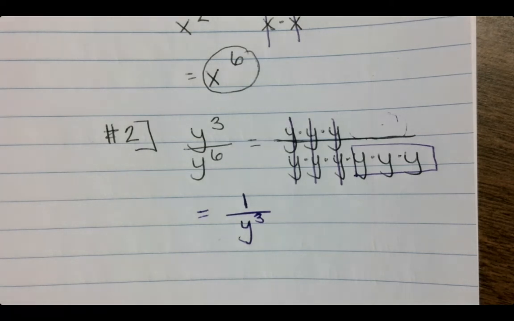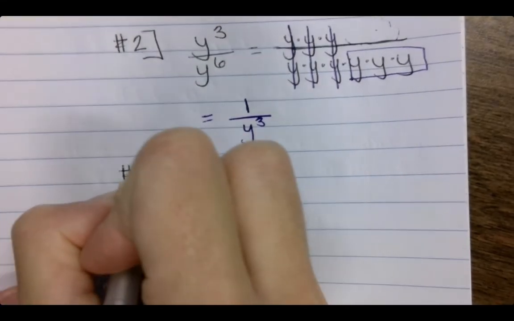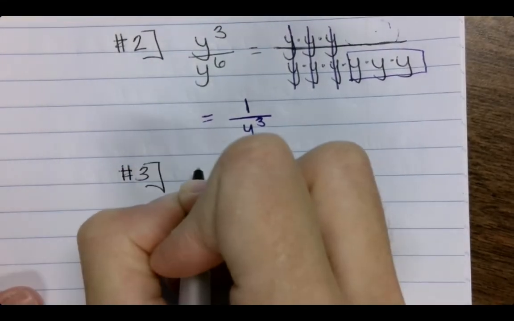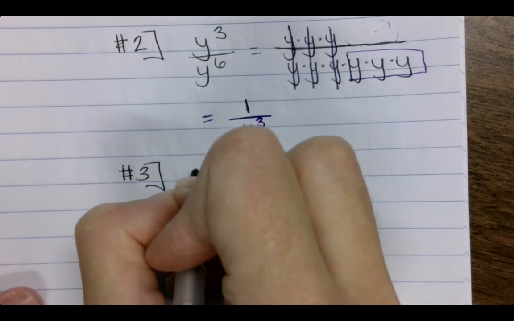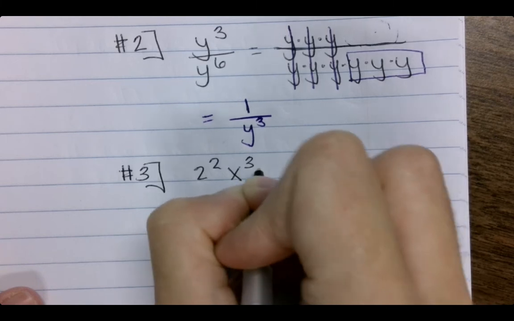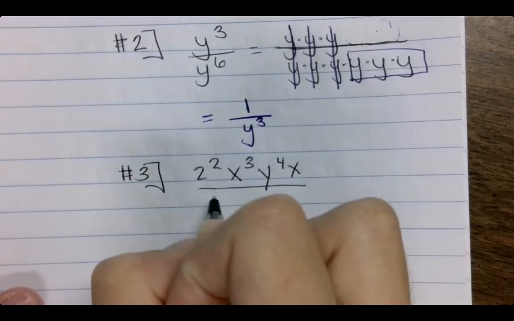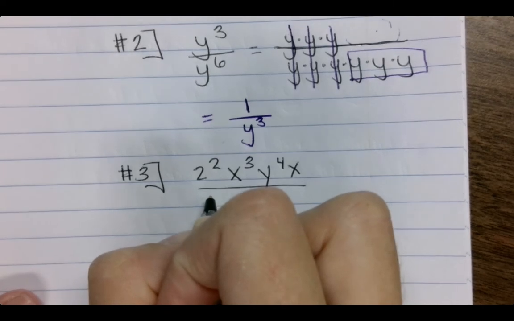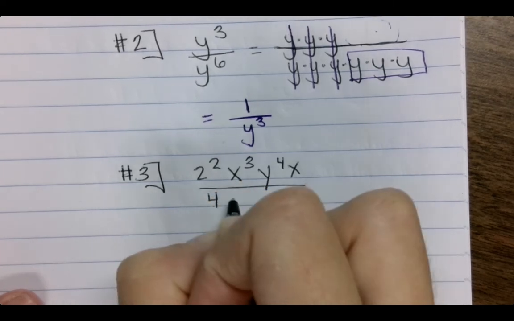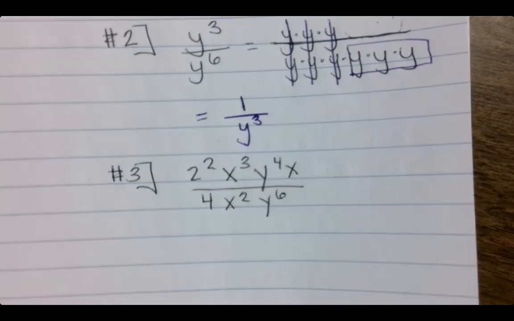All right. Now, we're going to do an example where it's not just one letter. This one's going to be a little bit more funky, but I promise you'll be fine. So what if we have 2 squared, x to the 3rd, y to the 4th, x, all over 4 x squared, y to the 6th.